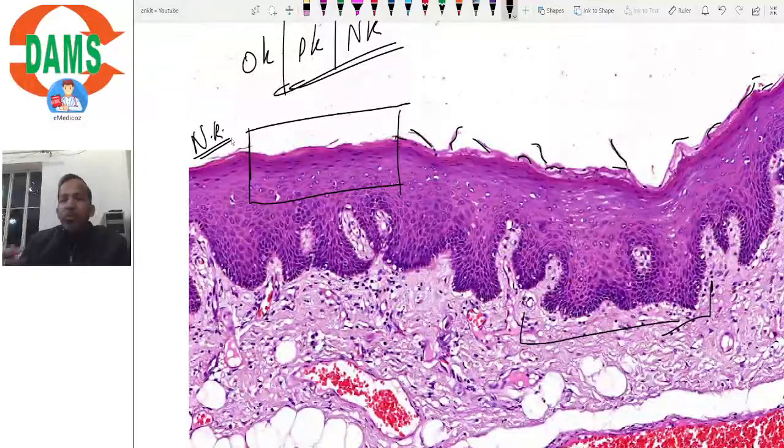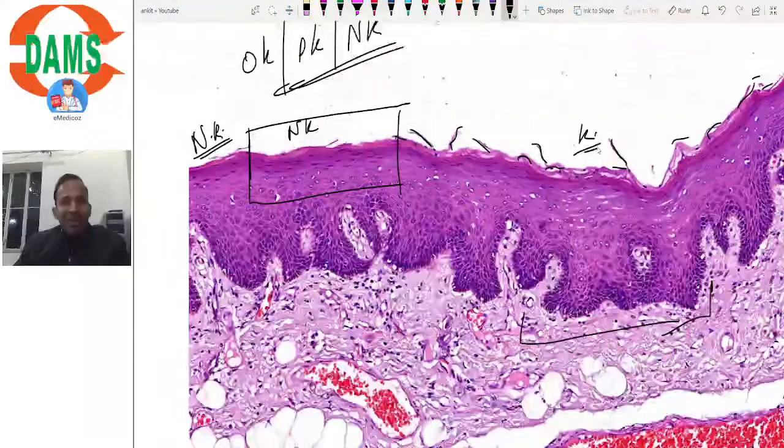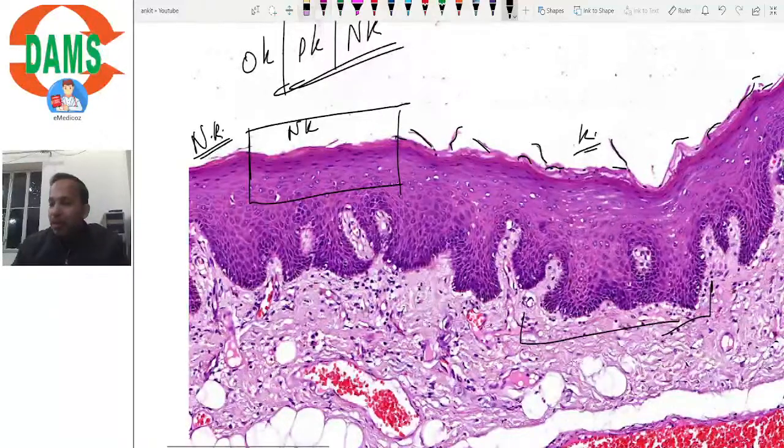Most probably this parakeratinization is an adaptation to the occlusal load or the injury that this mucosa is undergoing. Maybe this is a component of cheek mucosa, and that's why some area is non-keratinized and some area is keratinized. Maybe some sort of trauma is going on. But whatever the case, we can easily identify it as parakeratinized because we can see keratin filaments and also the nucleus in the superficial layer.